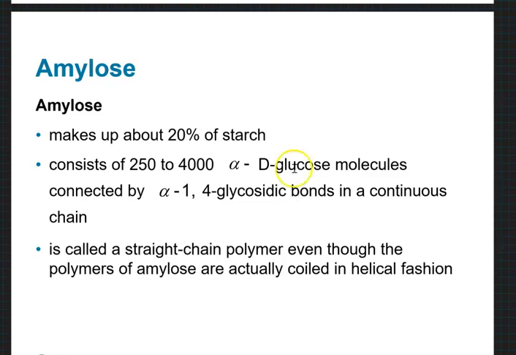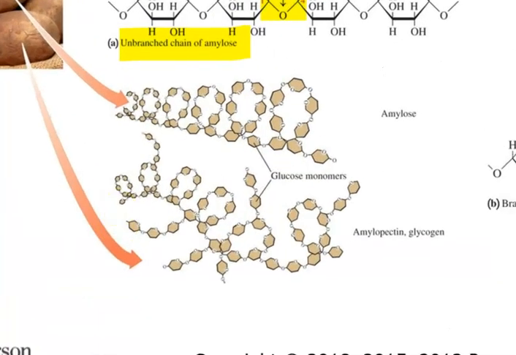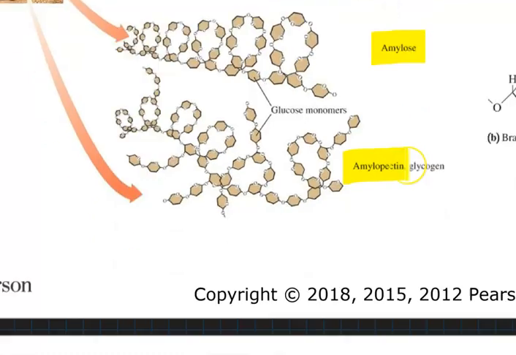So amylose makes up about 20% of starch. Okay? And it's a straight chain polymer. It's called straight chain because there's no branching. In reality, they are twisted. You can see it on this image. You can see that amylose is a helix and amylopectin is not.